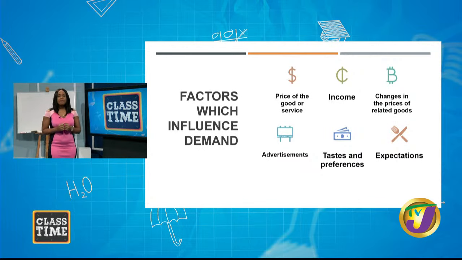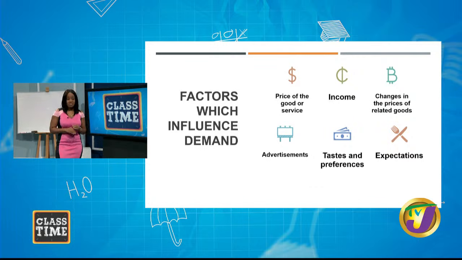So usually if, for example, the price of cocoa bread is increasing and you usually like to have your patty with cocoa bread, but you realize that cocoa bread is getting too expensive, so you're just not going to buy any more patties. So your demand for patty will decrease based on the fact that the price of the complementary good has changed. There is also another factor which influences demand, which is known as expectations.